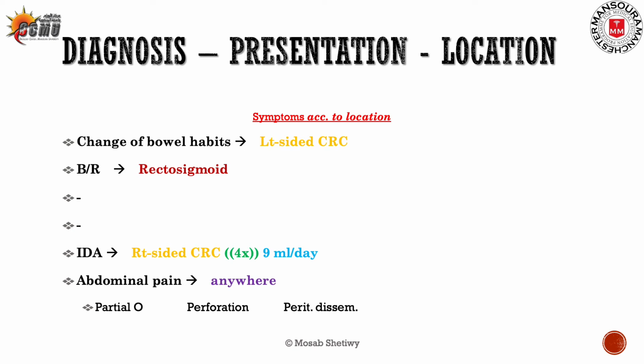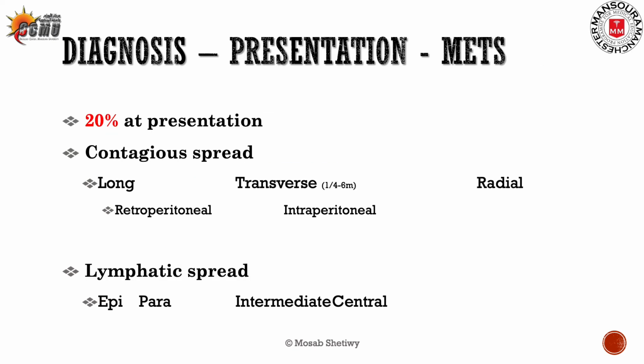And as for the rectosigmoid area, they tend to present with bleeding per rectum. 20% of all cases of colorectal carcinoma present with metastasis from the start. So at presentation, they tend to be metastatic.